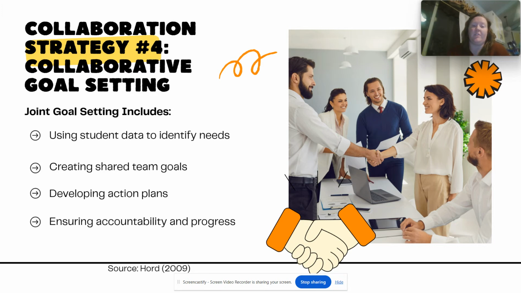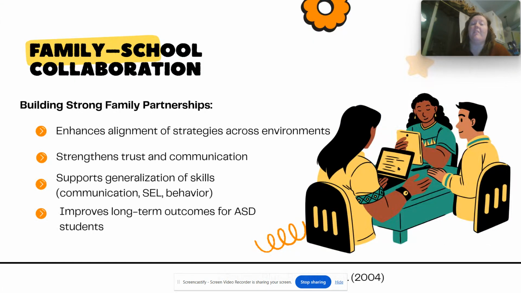And we need to use student data to identify the needs, create shared team goals, develop action plans, have those steps in order to reach the goal, and then have that accountability and how they're going to check progress.